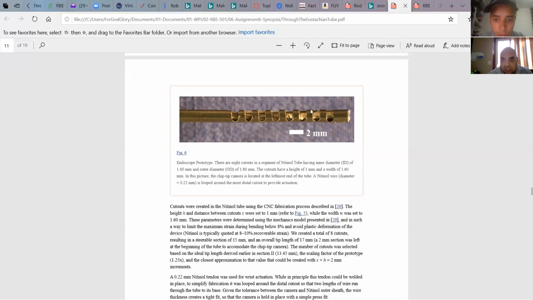It doesn't look like it has any sharp edges that could cause some hurt. So hopefully it is all rounded off and very smooth, so it doesn't cause any puncture in the Eustachian tube where it's going through. The other thing is that its OD is 1.8 millimeters and the Eustachian tube inner diameter is 2 millimeters. So there is a little bit of room just in case for some motion.